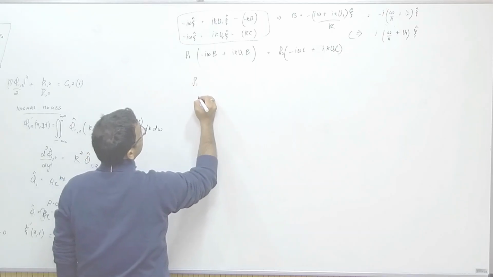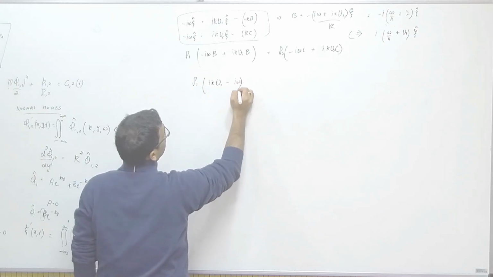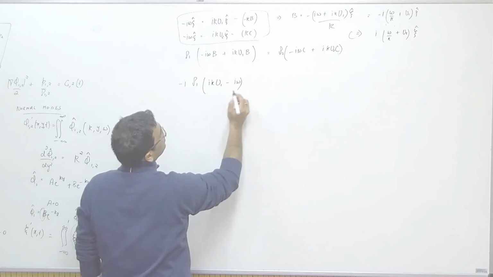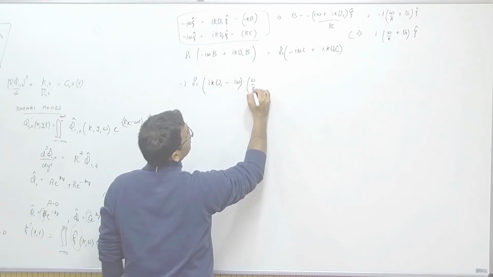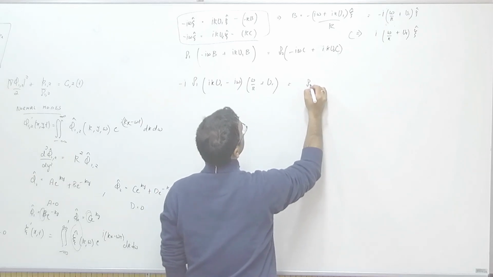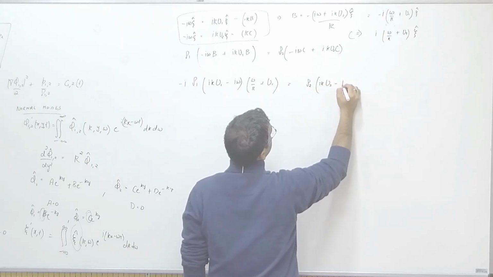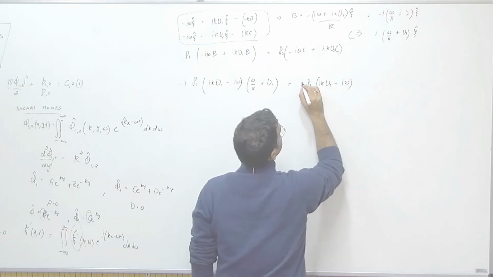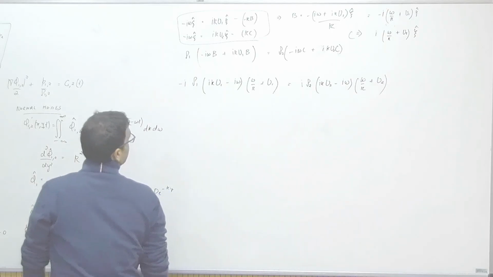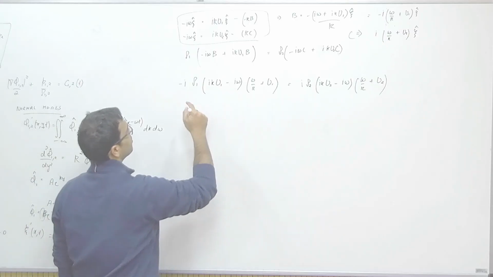So rho 1 times I k u1 minus I omega times B, which is minus I omega by k plus u1, equals rho 2 times I k u2 minus I omega times C, which is I omega by k plus u2. Okay, we are getting close to solving for the growth rates, for omega basically.